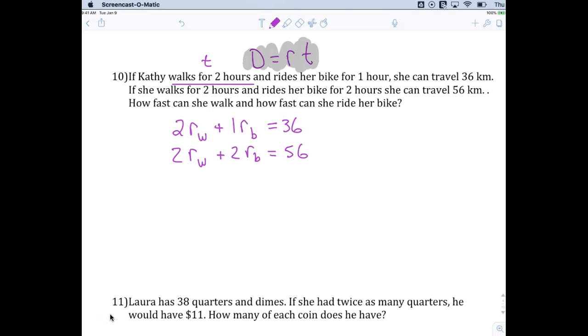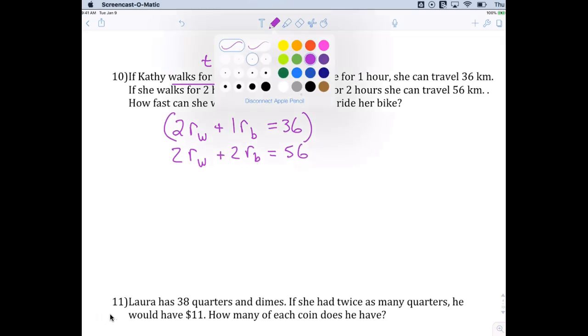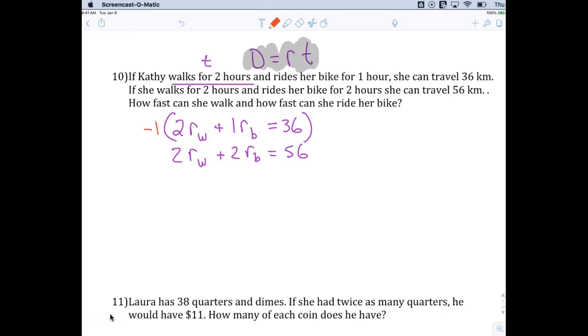Now, what do I have to do to this top equation? Multiply by -1. So let's knock this out: -2 R sub W minus 1 R sub B equals -36. And so now what? The rate at which we bike is 20. 20 what?